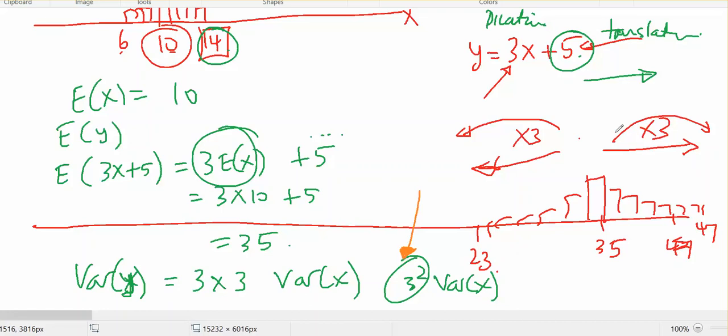Yes, very good. So it gets stretched by 3 that way, and it gets stretched by 3 that way. This 14 is further away from the mean by a factor of 3, and this 6 also ends up further away from the mean by a factor of 3. So we end up with 3 squared times the variance of x.